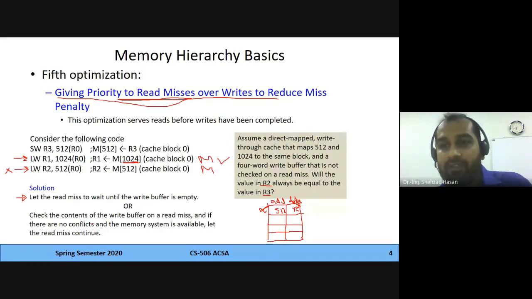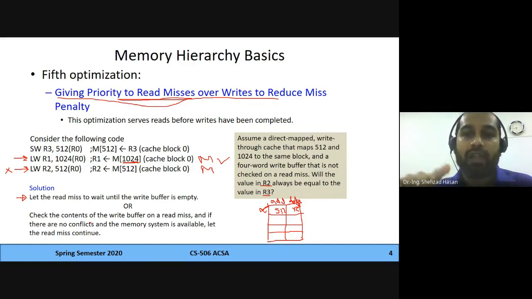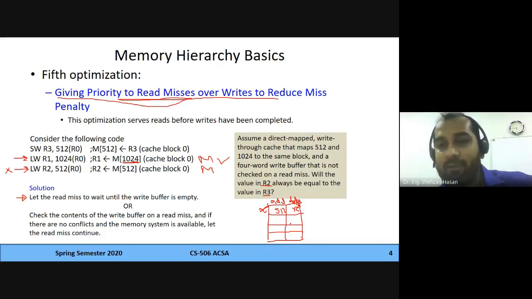So this optimization is just about whenever there is a read miss, check the write buffer. If there is no conflict, if you cannot find that particular address, you can continue. But if you find that particular address, then you have to ensure that it is updated first in main memory, and then you're going to fetch it. So we are not going to directly fetch it from the write buffer. This could be one more optimization, but write buffers are not a very advanced kind of logic circuit.